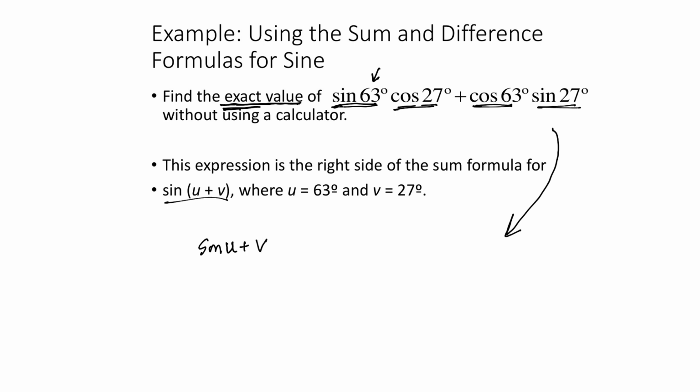We know the sine of u plus v is equal to the sine of u times the cosine of v plus the cosine of u times the sine of v. And so with the 27, let's just rewrite this.